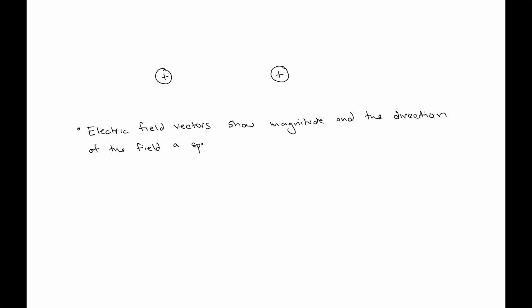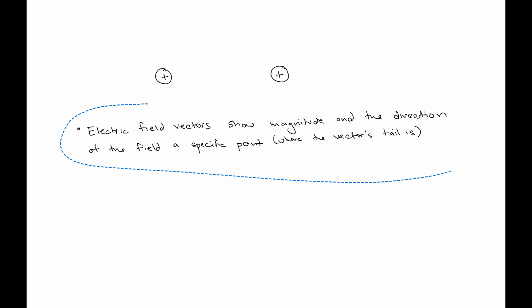The first thing I could do is draw some electric field vectors, and they are going to show the magnitude and the direction of the field at specific points, in particular, where the vector's tail is.